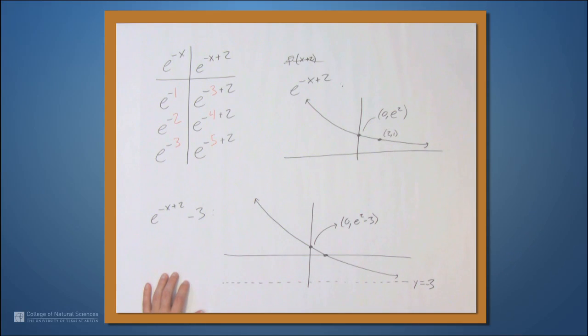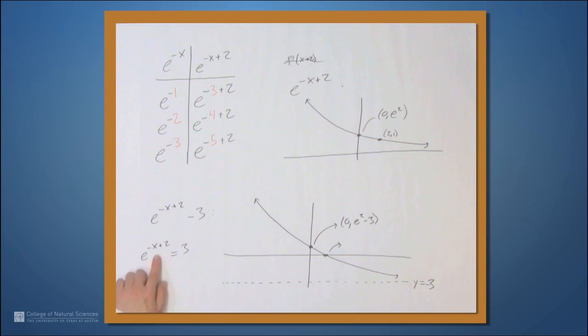Only remaining thing to find is this point. This is the point at which the function value is 0. Right? If e to the negative x plus 2 minus 3 is 0. So let's just do a little bit of quick work. If we want to set this equal to 0, that means that e to the negative x plus 2 equals 3.